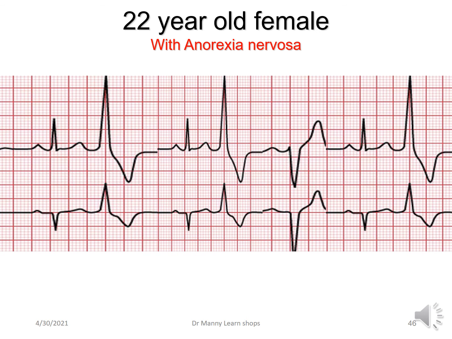Now you've got a 22-year-old female with anorexia nervosa. And that anorexia nervosa can result in hypomagnesemia, hypocalcemia, hypokalemia because of malnourishment. She's having PVCs within a rhythm. Look closely.